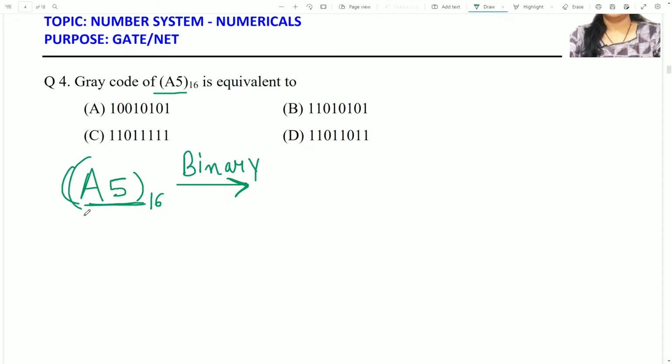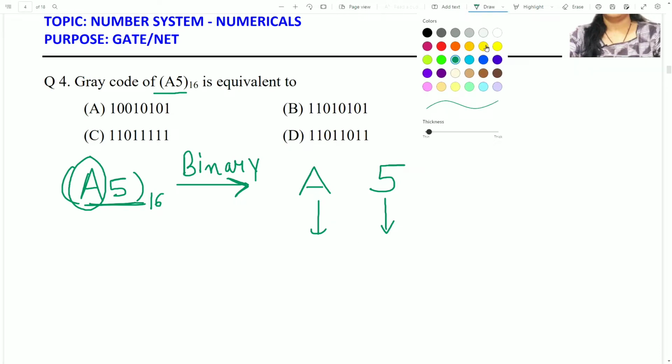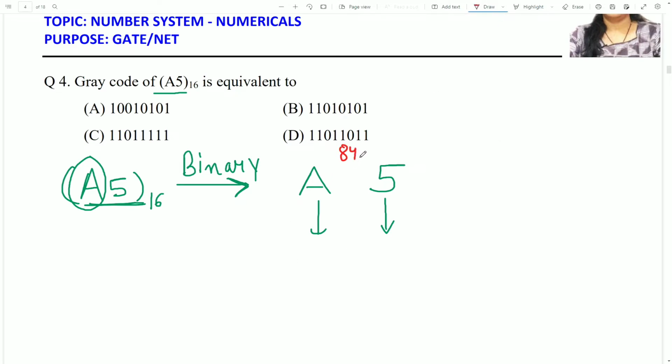So for A you need to find the binary representation, as well as for 5. And what will be the solution? You can calculate that binary representation with the help of 8421. So A is nothing but 10.